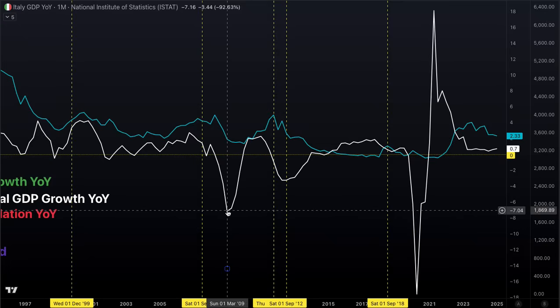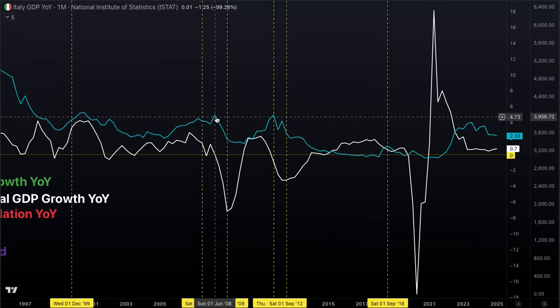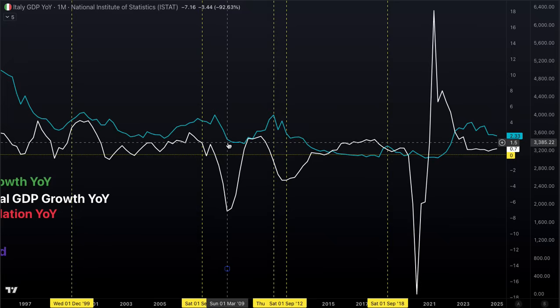GFC. Well, as is to be expected, here we can see the 2 year bond yield for Italy fell, and this is what normally happens. But look at the difference between how far real GDP fell versus how much the yield fell.